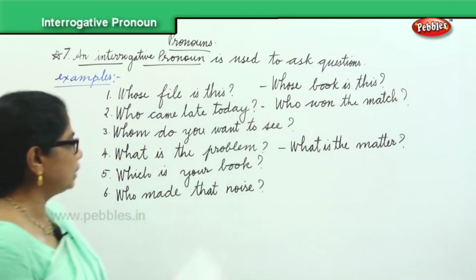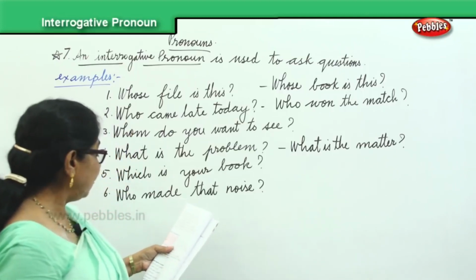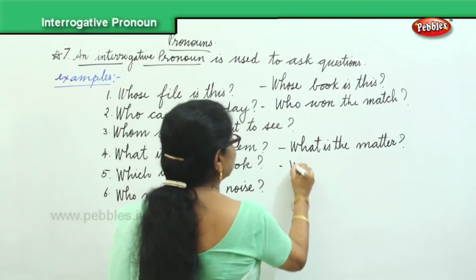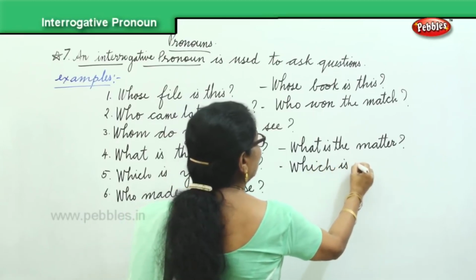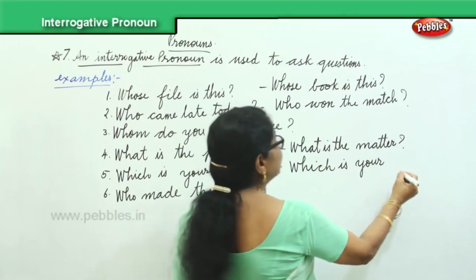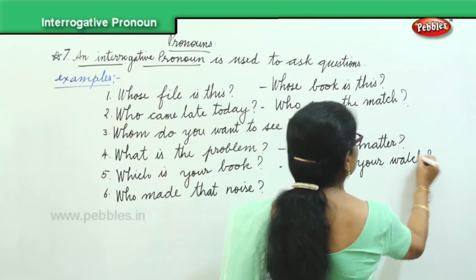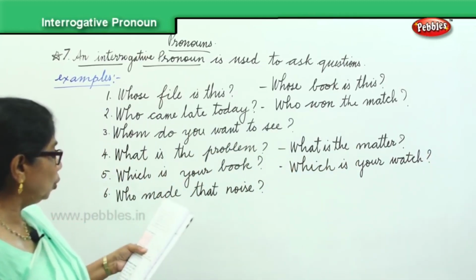Whom do you want to see? Which is your watch? Which is your place, which is your watch, whatever. Which, who, whom do you want to see?